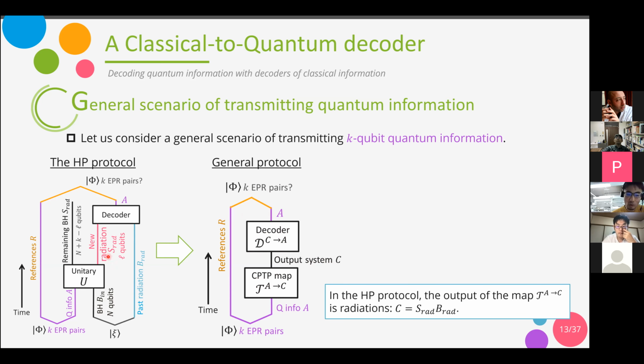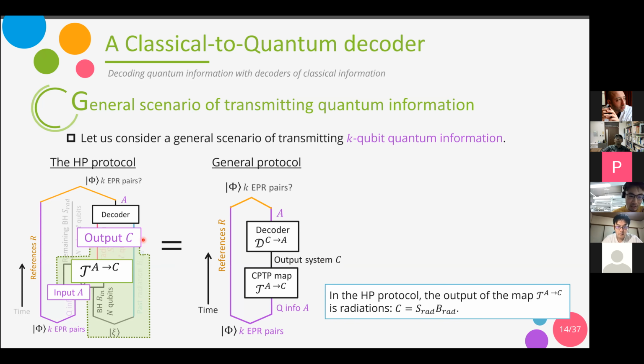And of course, the Hayden Preskill protocol is a special case of this because we can just identify this output system C as the new and past radiations. You can see this in this figure. In this Hayden Preskill protocol, this input here is of course the input here, and then the output C here corresponds to the new and past radiation.